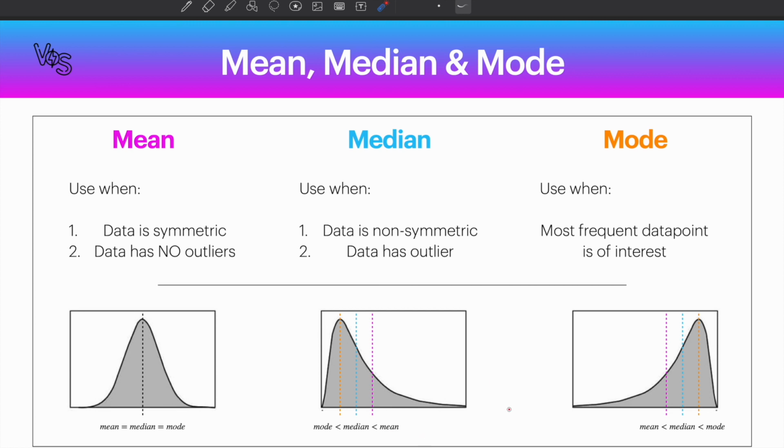Right. This is just extra information. You don't have to know this by heart, but it's actually good to know. And then finally, if your data is negatively skewed, your mean is less than the median and the median is less than the mode. Right, so that brings us to the end of the measures of central tendencies that you should know and where to use them and how to actually even calculate them.